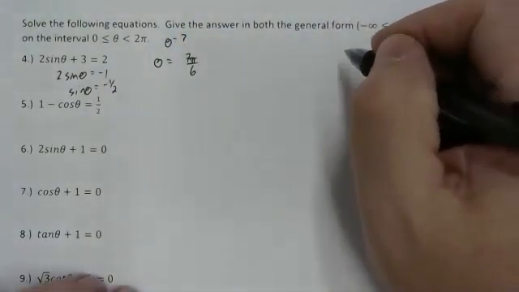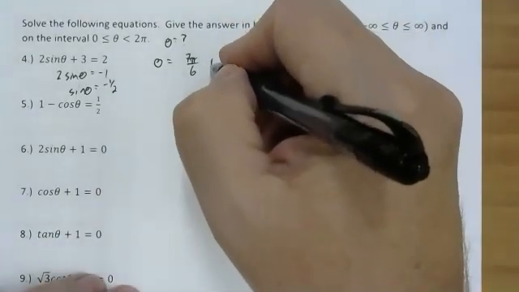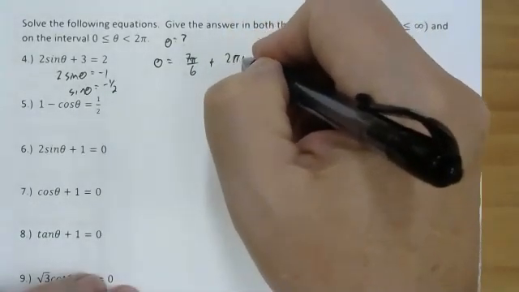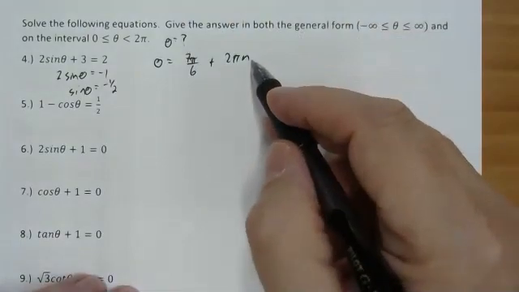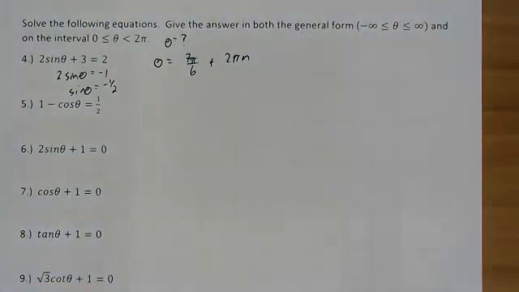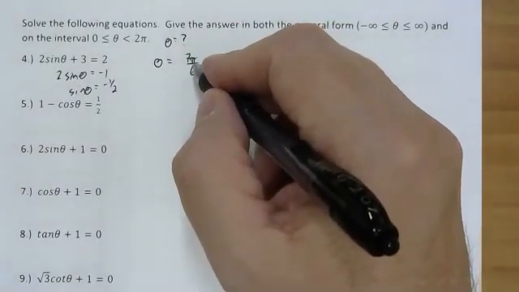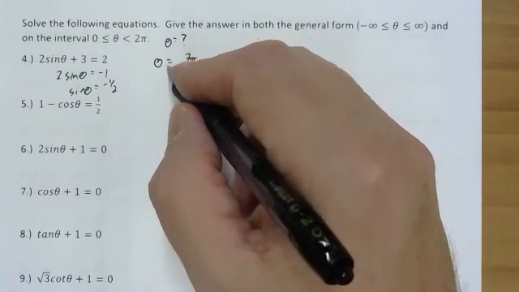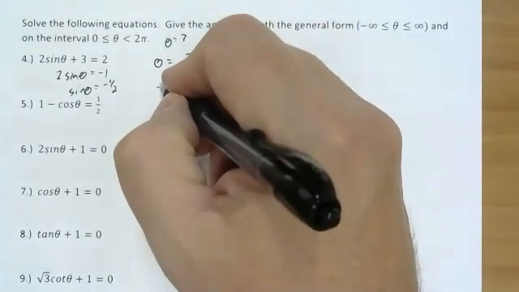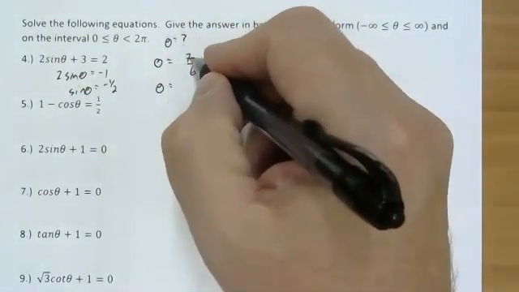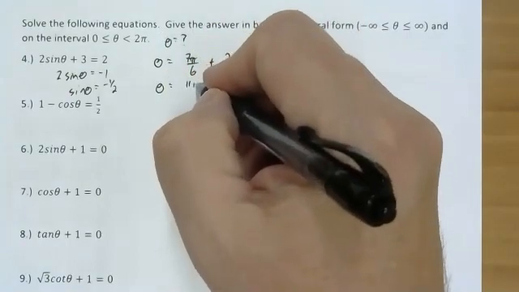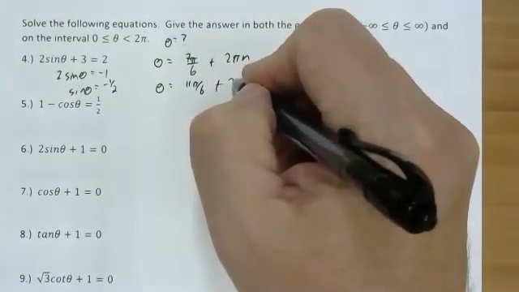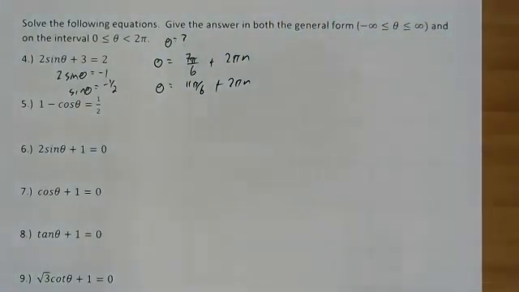Now to make this the general solution, I have to add the 2 pi n. I'm not going to write the n equals 0, 1, 2, 3. But there's actually a second solution on the unit circle, and that's also 11 pi over 6.